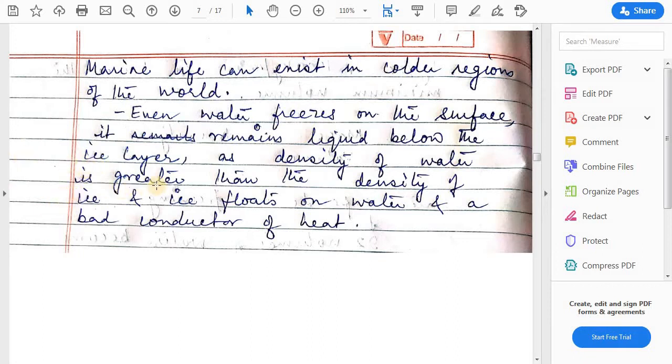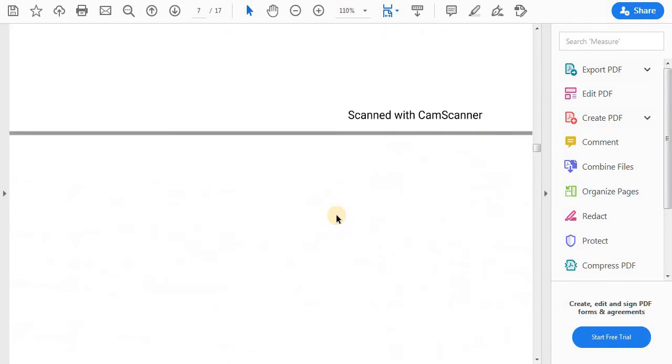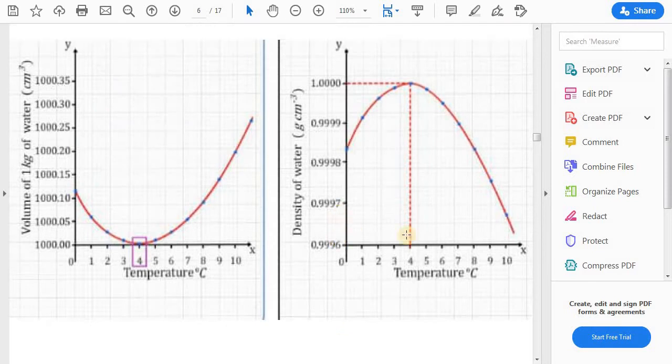Density of water is greater than the density of ice, and ice floats. Now, if you see this, you will be finding the density of water is greater than the density of ice once the ice is formed. Here it is that at 0 degrees Celsius ice will be formed, so it will again go to the downside.